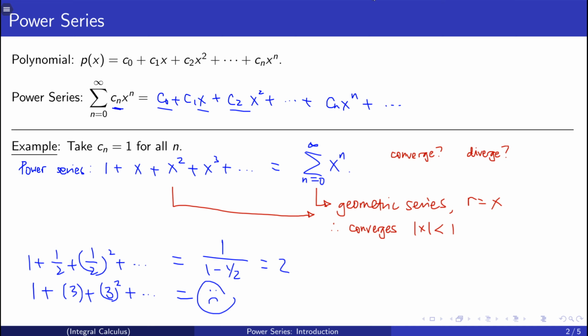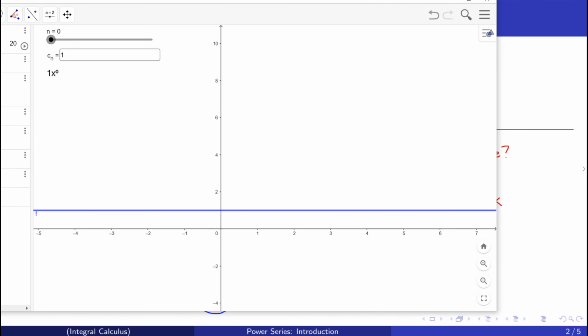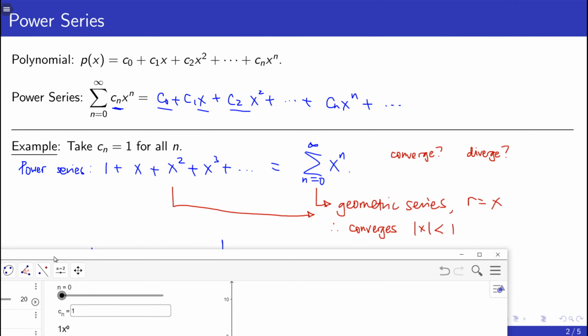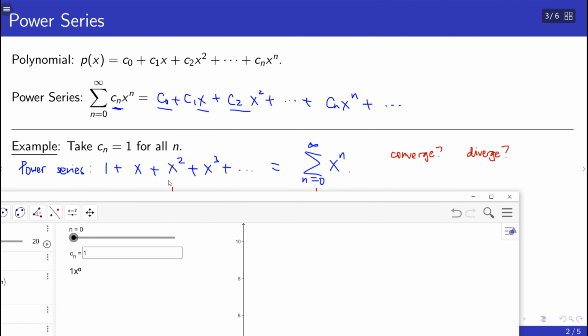And we can even visualize this on a graph. All right, so this is our power series, 1 plus x plus x squared and so on. And as I mentioned a while ago, we can actually look at partial sums here. The definition of convergence for a series is the same. It's the limit of the partial sums.